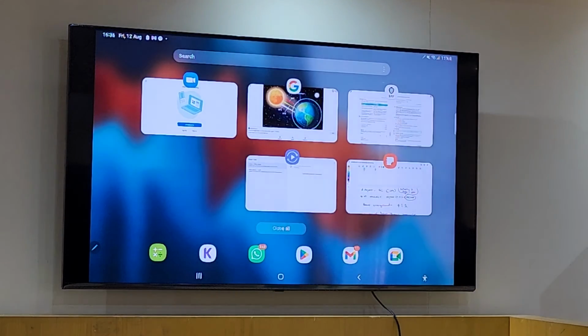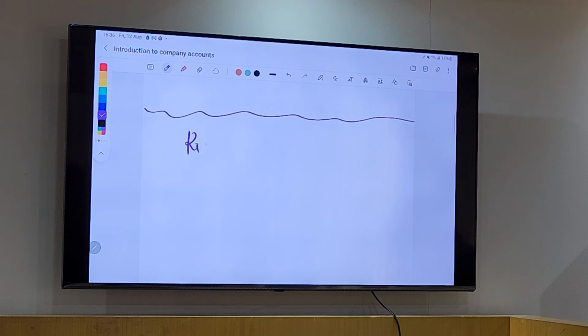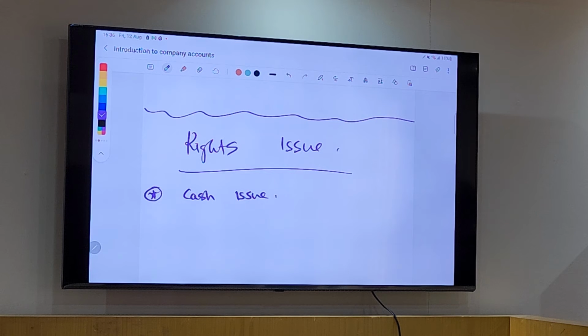Next is rights issue. Conditions: it is a cash issue. It's not for free. So a bonus issue is free, a rights issue is not.